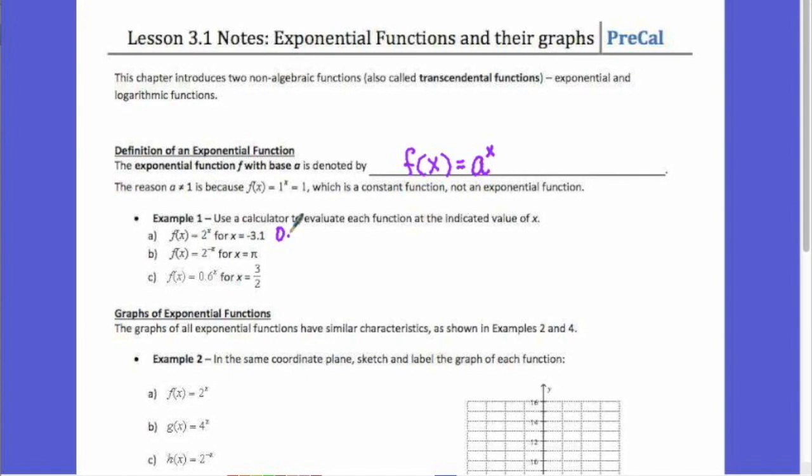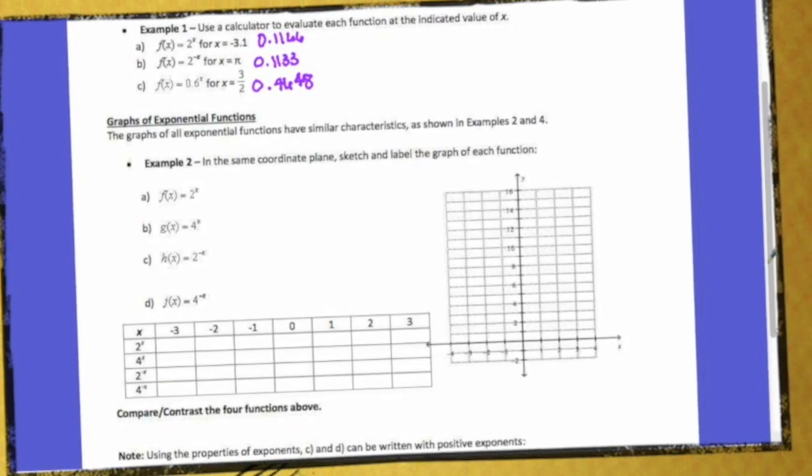This one's 0.1166. This one is 0.1133, and this one is 0.4648. So just make sure that you can plug those into the calculator and get these solutions, but most of you guys are pretty calculator savvy. You can do those just fine.